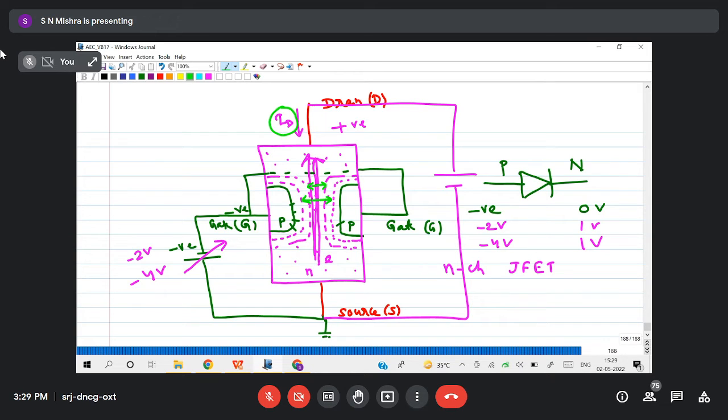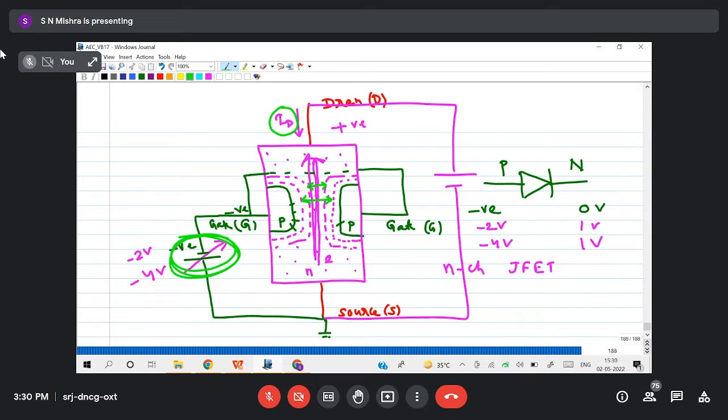So ID is my output current, which is controlled by what? Gate to source voltage. Yes, sir. So that's why this is called a voltage controlled device, and the output current can be controlled by the gate to source voltage.